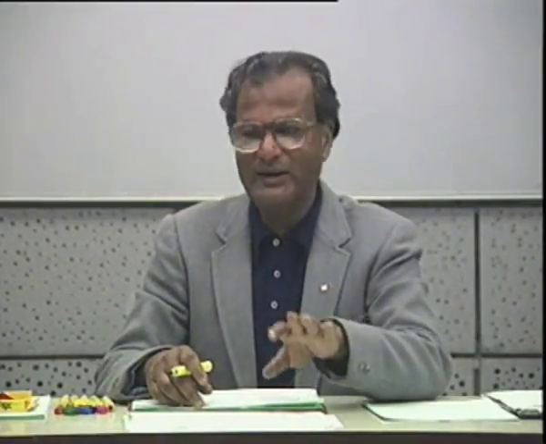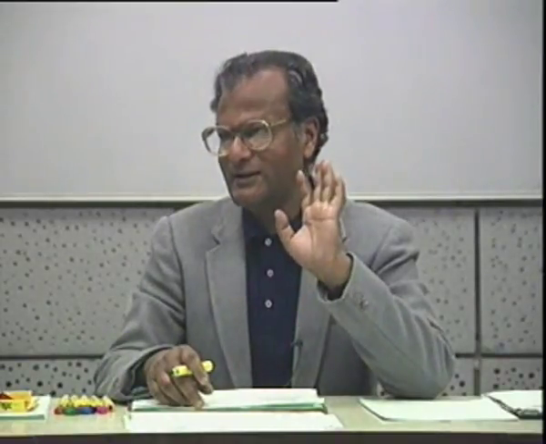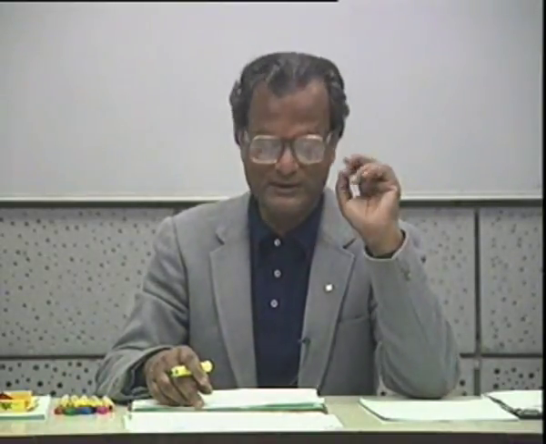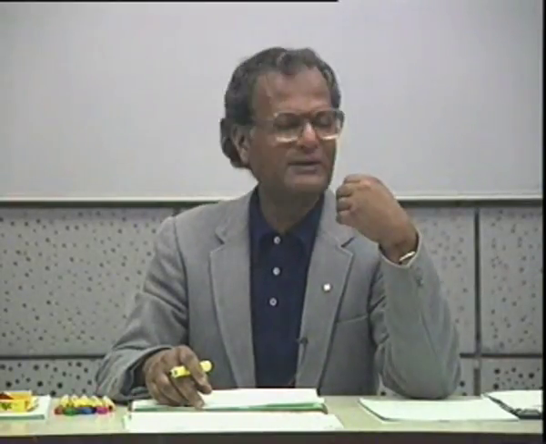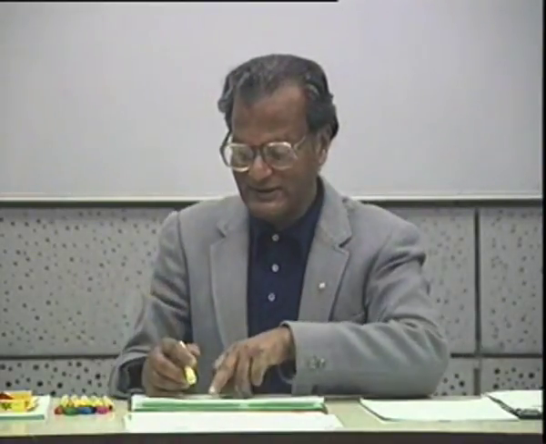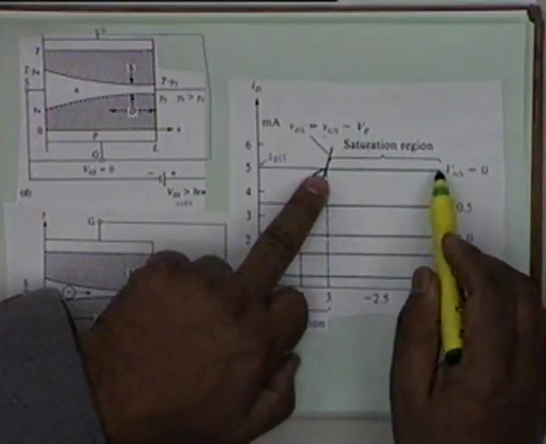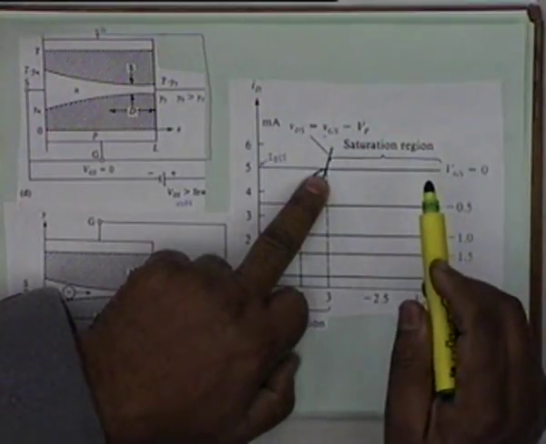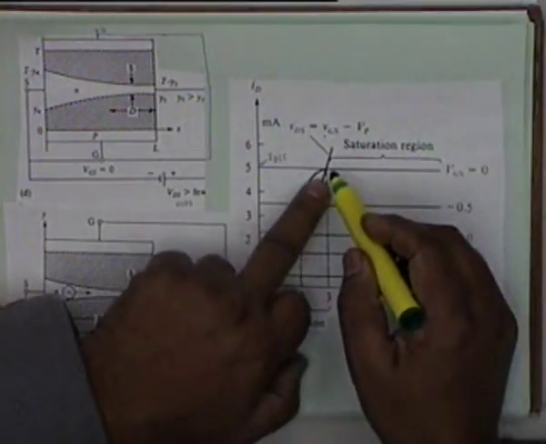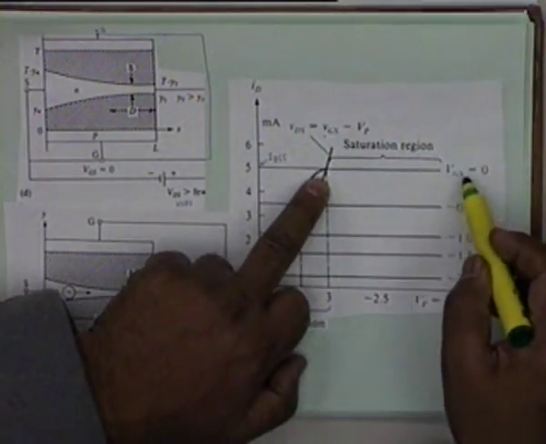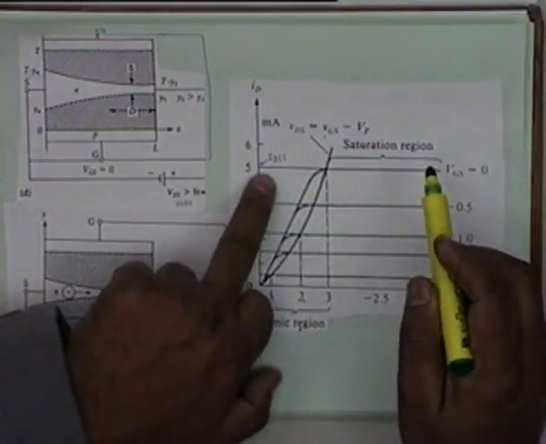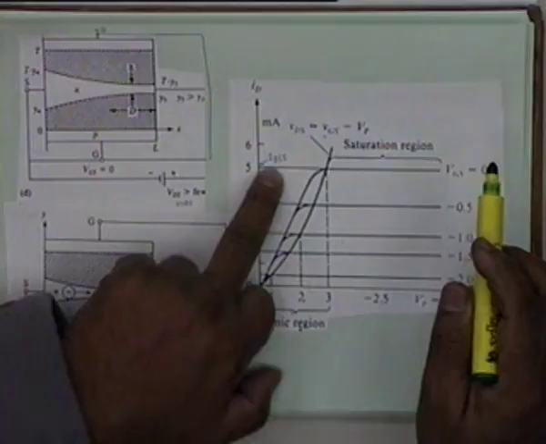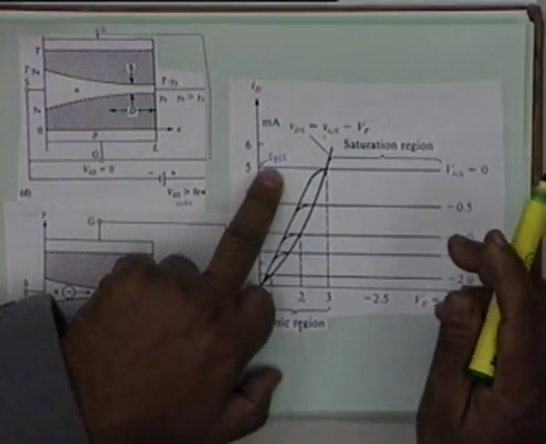There is deep mathematics involved in this, but the end result, as far as circuits people, electrical engineers, are concerned, is that the velocity reaches a saturation value. And if that happens, then the current levels off, the current becomes constant. It doesn't become zero. The current levels off at this value, and with VGS equal to 0, the value at which the current levels off is called the drain current under saturation value.